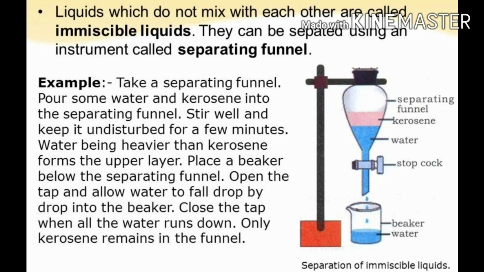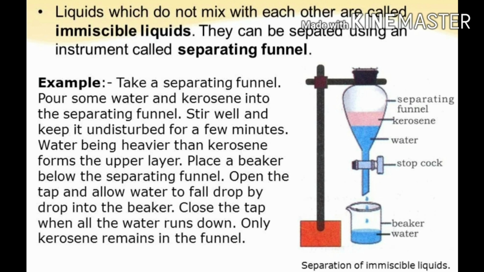Now let us see the method of separating immiscible liquids. In this, an apparatus is used which is known as a separating funnel. According to the density, the different liquids will be collected as different layers inside the separating funnel. If we take two or more immiscible liquids and shake them vigorously and keep them standing for some time, they will separate.